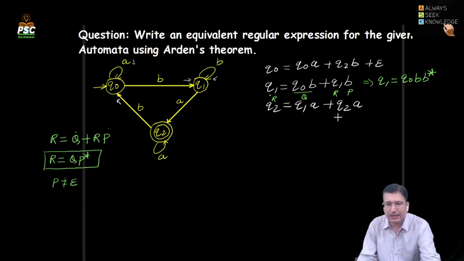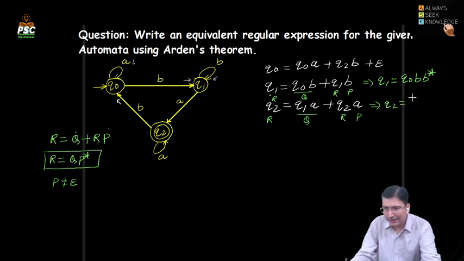In terms of Q2, we will compare Q2 with R, so let's say Q2 is R. This A will represent P, and obviously A cannot be null because it is a literal. And the remaining thing you need to compare with Q. So by using Arden's theorem, you can write Q2 is equal to RP asterisk, where R is Q2 only.